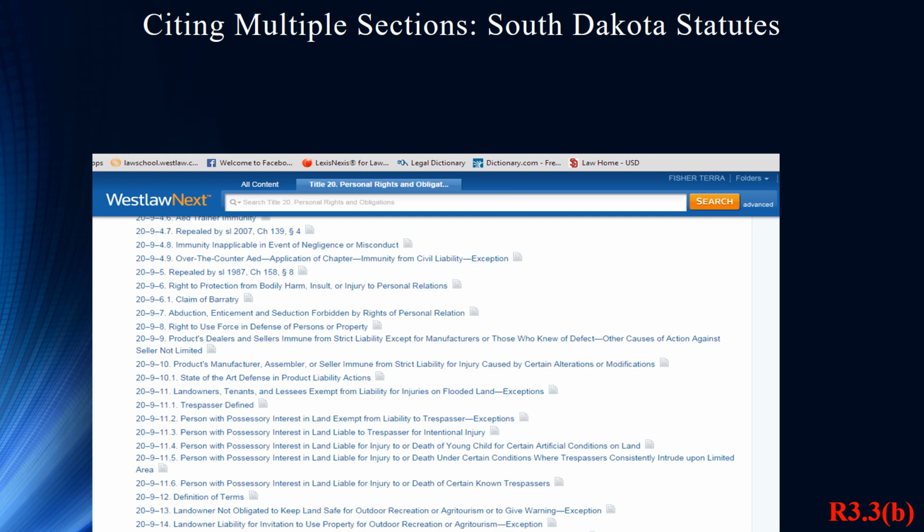Let's look at citing multiple sections using South Dakota statutes. Rule 3.3 sub B explains citing multiple subsections of statutes in any format, so that rule is likely a good one to write down. Look at this screenshot from Westlaw Next. We want to cite both SDCL 20-9-7 and 20-9-8.